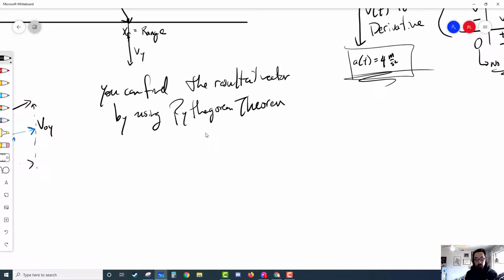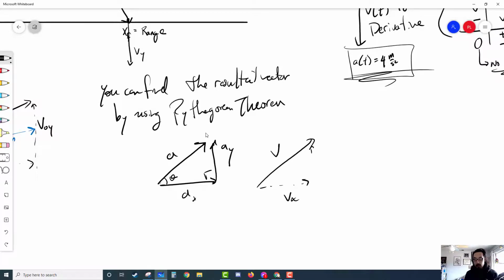So for example, if you have a sub x and you have a sub y, you can find the resultant a by using the Pythagorean theorem. If you have ay and ax, you can find a. You can find v if you have vx and vy by using the Pythagorean theorem.